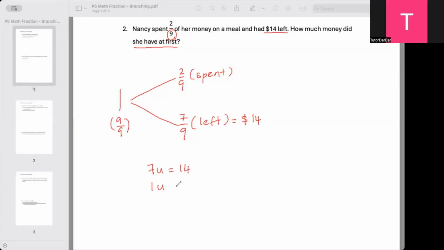So 1 unit is going to be 14 divided by 7, which we will get 2. So what is the total number of units at first? We have 9 units. So 9 units equal to 2 times 9, which is equal to $18. So the answer is 18.